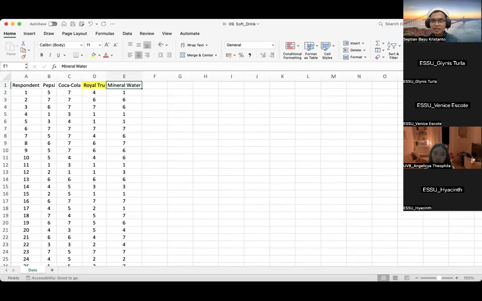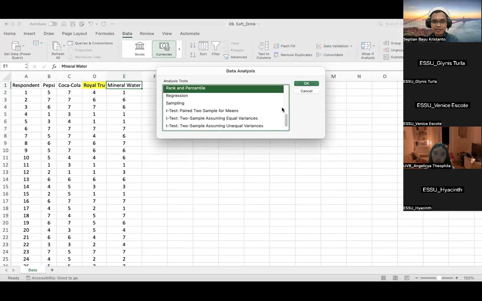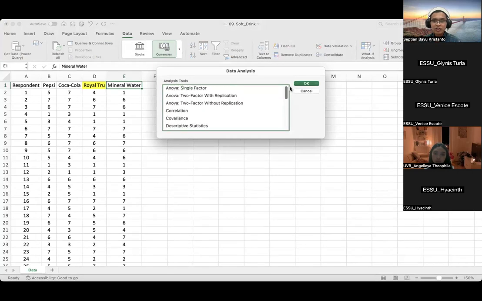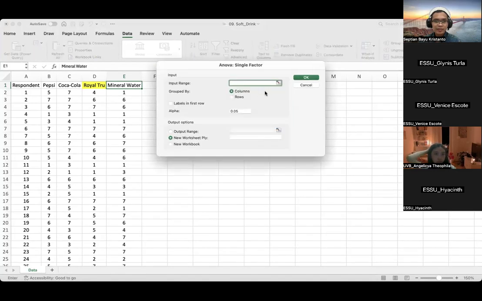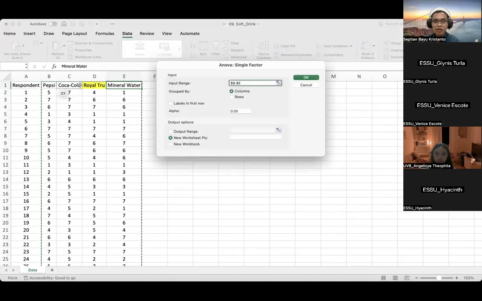In this case, we can do some analysis using analysis of variance. In your data analysis, please do the ANOVA, analysis of variance. We take all of our inputs: Pepsi, Coca-Cola, Royal True, and mineral waters.